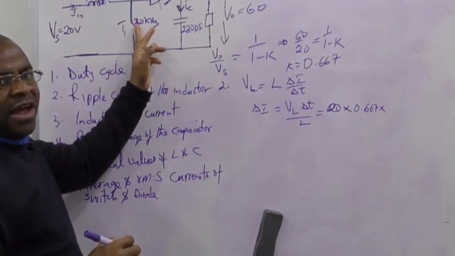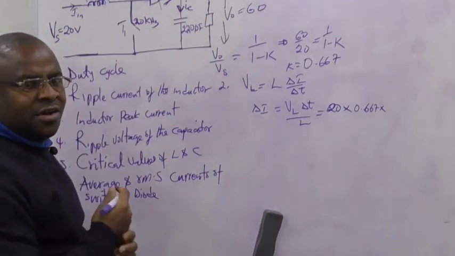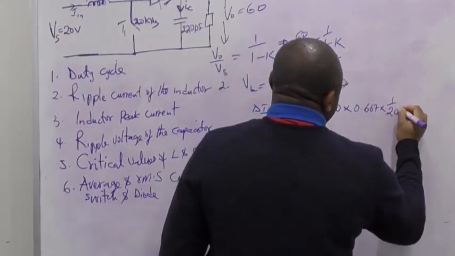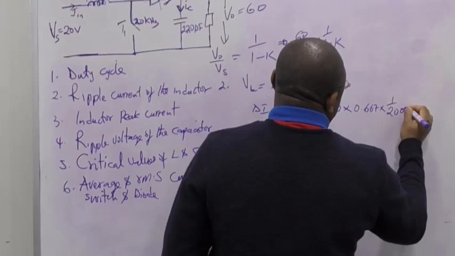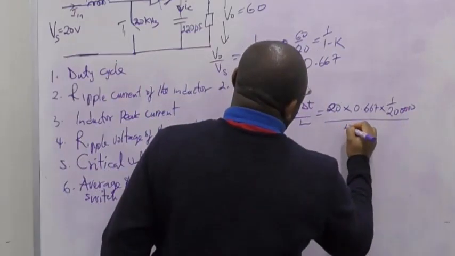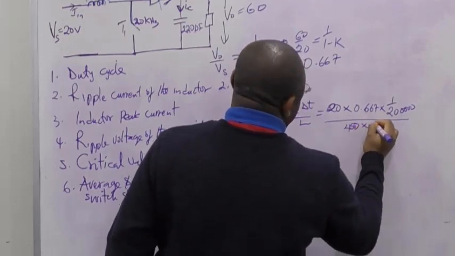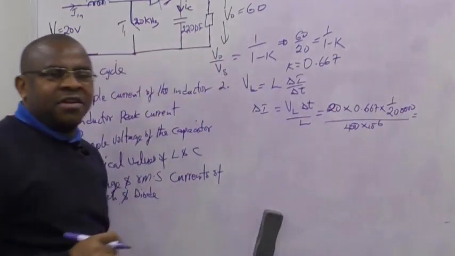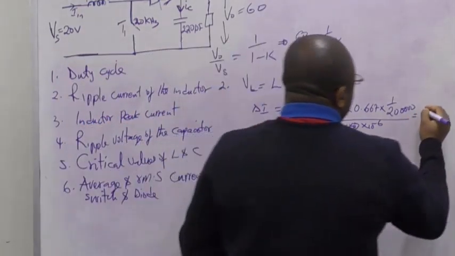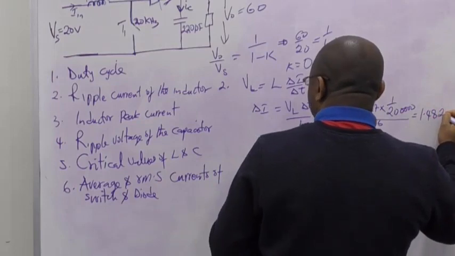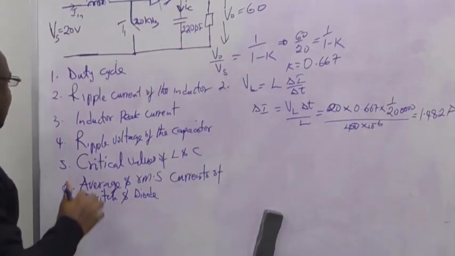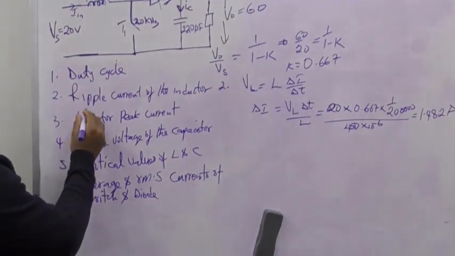So T, which is the period, is 1 over 20 kilohertz. Then divide by 450 times 10 to the power minus 6. So you just evaluate that, and you get 1.482 amps. Okay, that is your delta I.